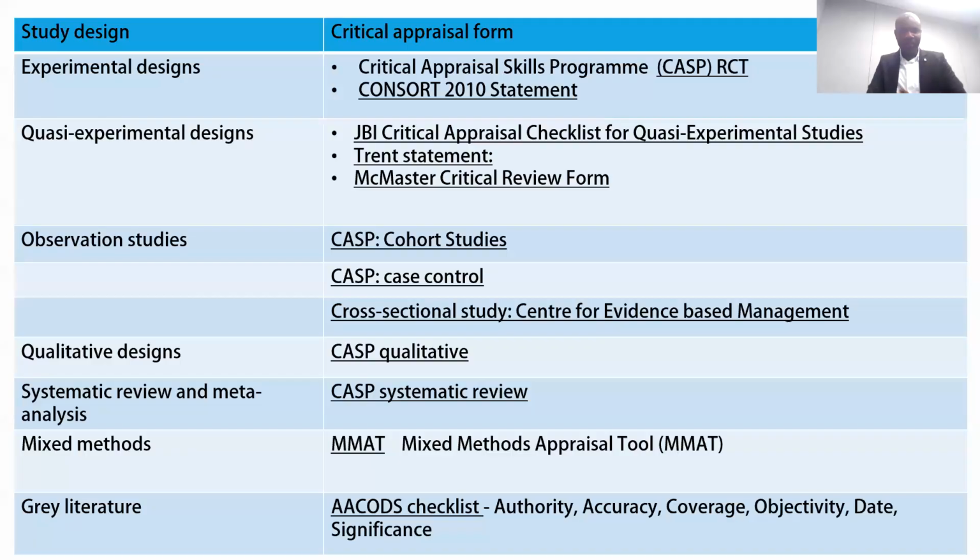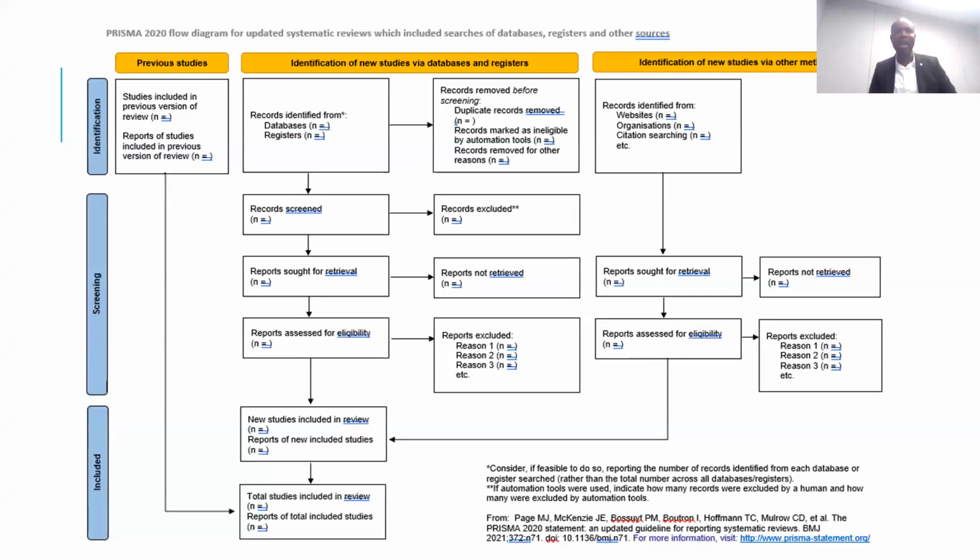All right. Now, to help do this properly, there's the famous PRISMA flowchart, which comes in different arrangements depending on the focus of your study and the extent to which you want to carry your review.